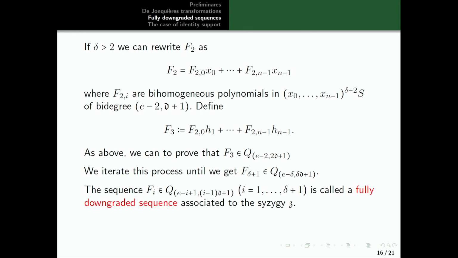We iterate this process until we get F_{delta+1}. The sequence of the biforms F_i we call a fully downgraded sequence associated to the syzygy Z.